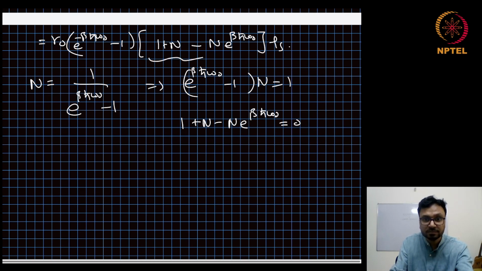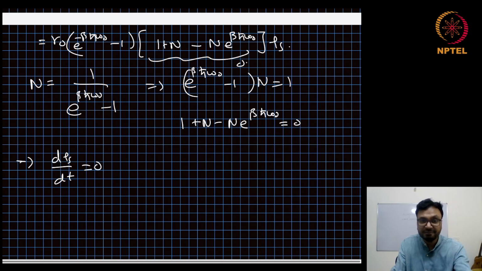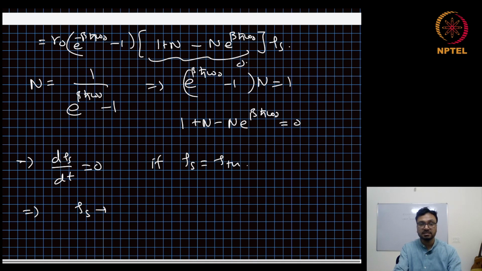So this term is 0, which says that dρ_s/dt is 0 if ρ is the thermal state. This implies that the thermal state is the steady state of the system.